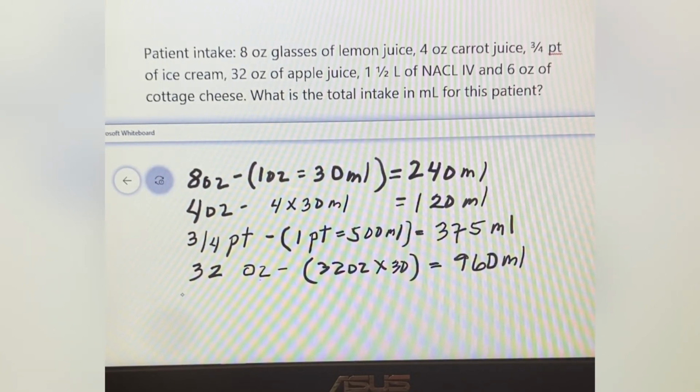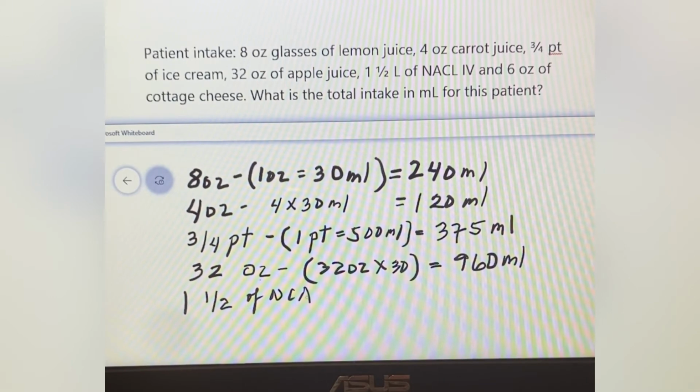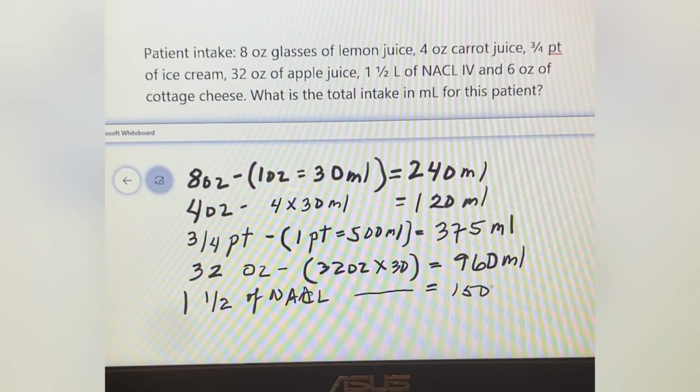And then we have 1 1/2 liters of normal saline. How much is that? 1,500 ml.